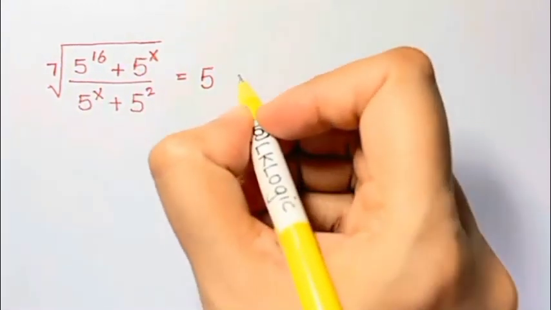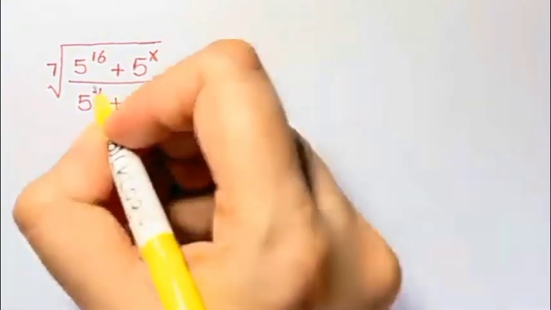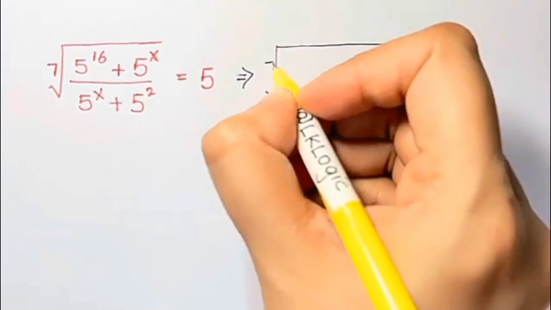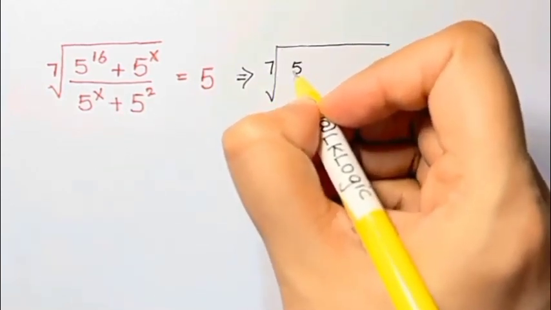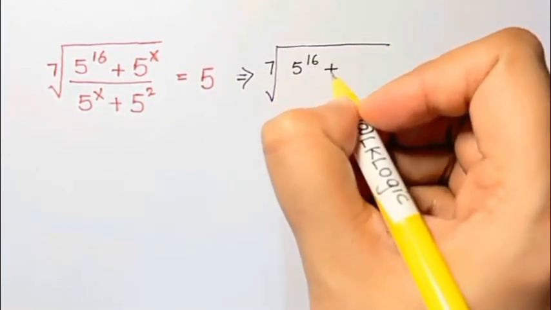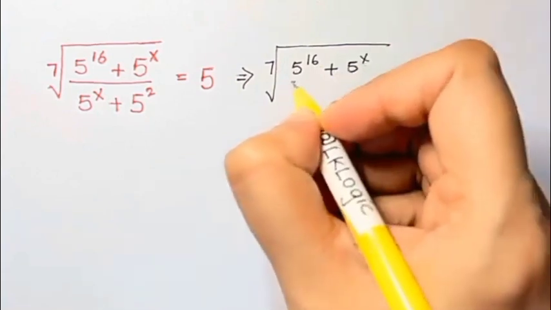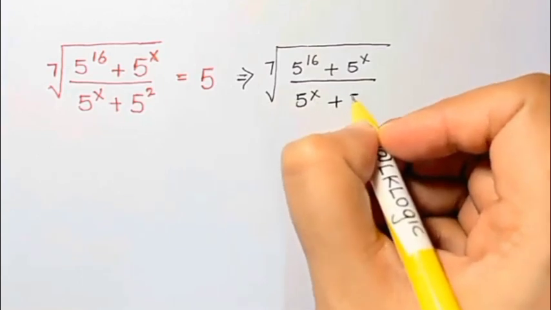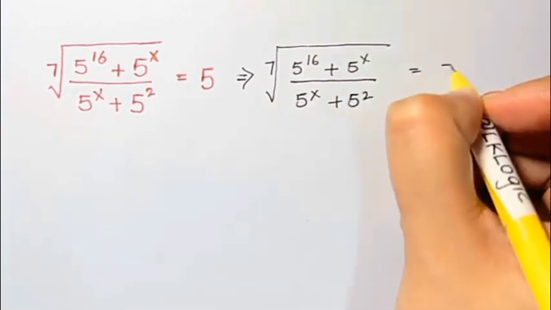So first I'm going to write the radicand, that is the 7th root, and under that we have (5^16 + 5^x) / (5^x + 5^2) is equal to 5.